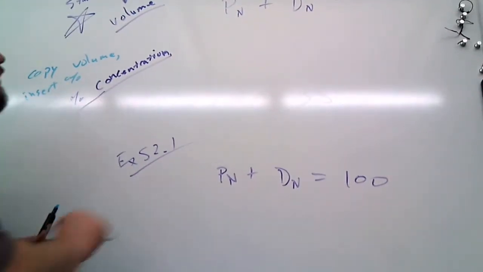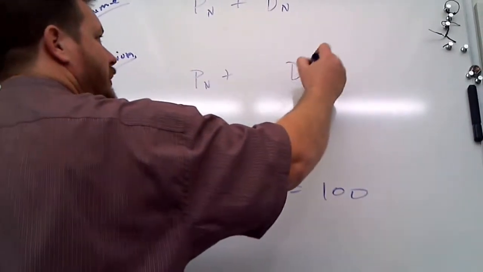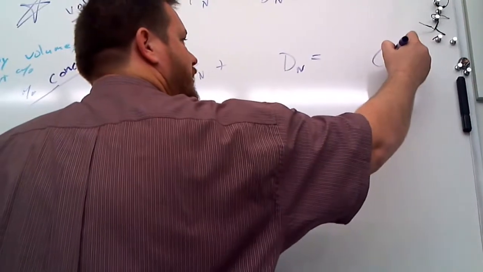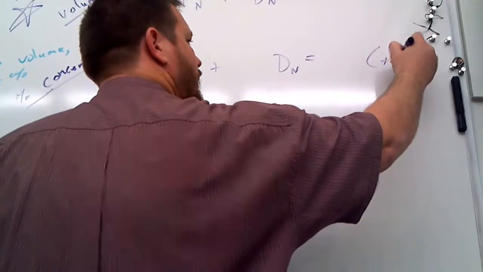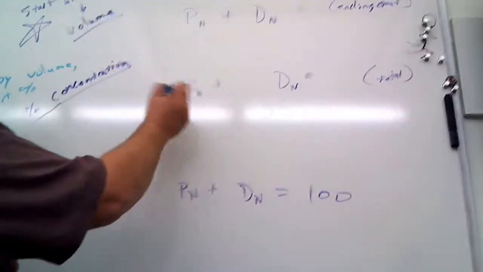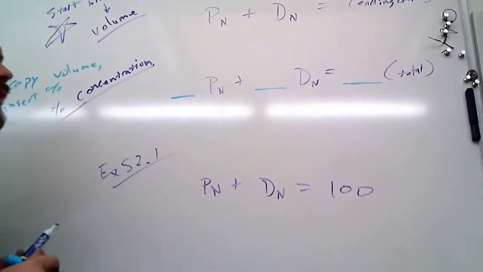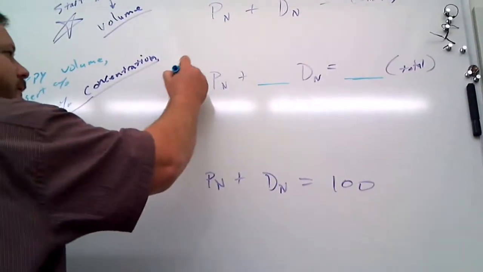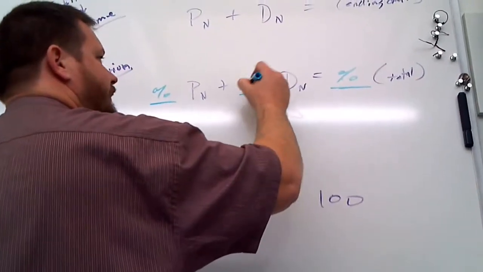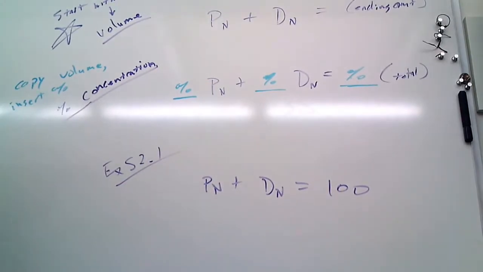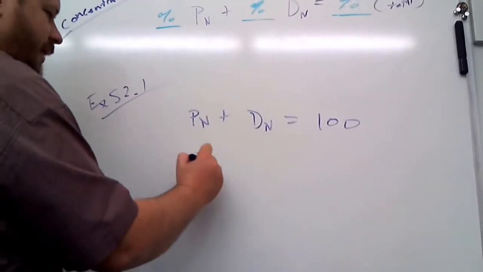So what we do is I'm going to copy down the volume equation, except now I'm going to specify what each of those volumes' concentration levels are. Those are percent signs. Not the prettiest thing in the world, but it works. So, in our example here, let's copy our equation down.